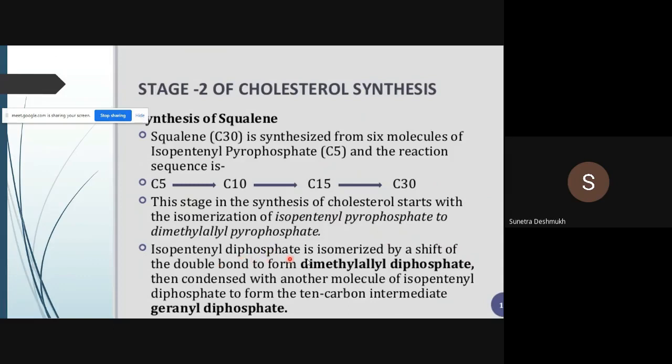Isopentenyl diphosphate is isomerized by a shift of the double bond only; the position of the double bond is changed. Then it condenses with another molecule of isopentenyl diphosphate to form a 10 carbon intermediate, geranyl diphosphate.